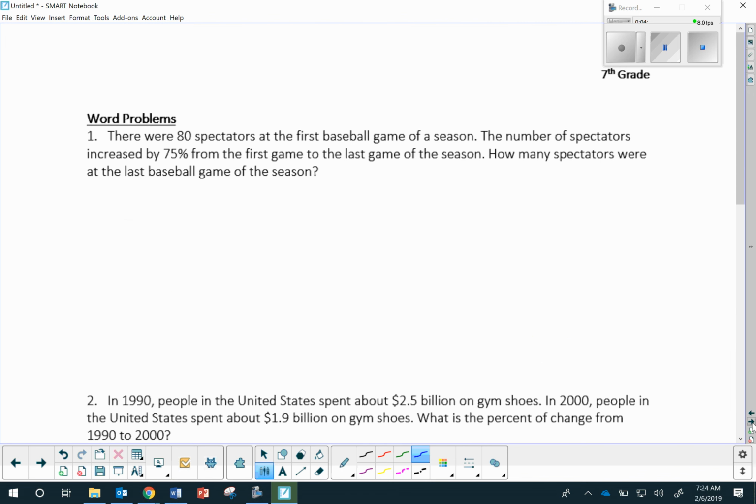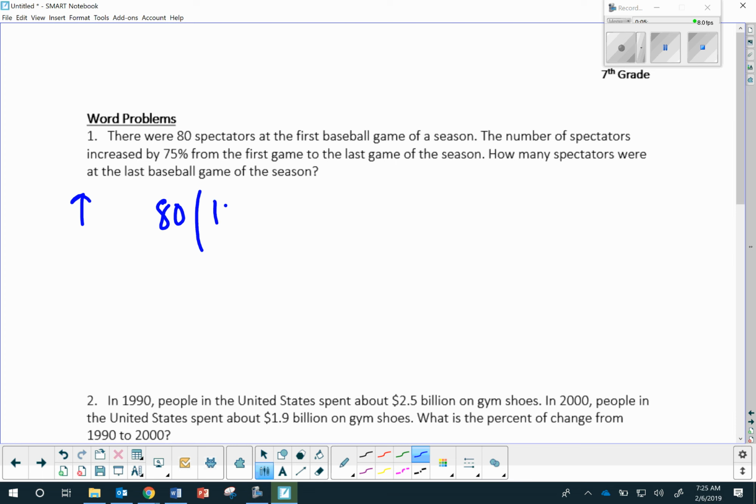Okay, moving right along, we're going to look at the first word problem together. It says there were 80 spectators at the first baseball game of a season. The number of spectators increased by 75% from the first game to the last game of the season. How many spectators were at the last game in the season? So we know this is a percent increase problem. We're going to start with our original amount of 80.